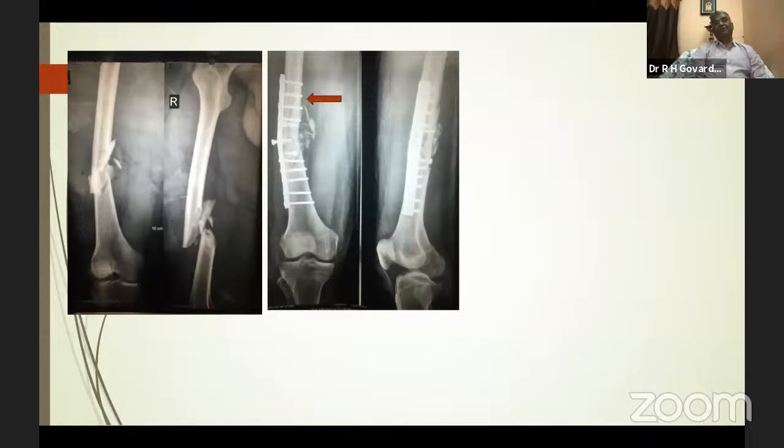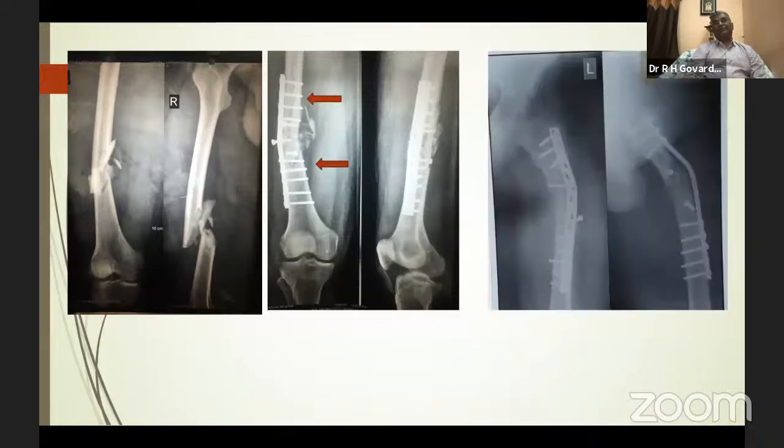Most of the time, if you try to get an anatomical reduction without bothering about the soft tissue component of these fragments, they all get devitalized, which leads on to a non-union, and which is evidenced by a bending of the plate. You can see these 2 arrows show the extent of the fracture, and you have just got 2 screws above and 4 screws down, which is an inadequate fixation for a shaft of the femur.